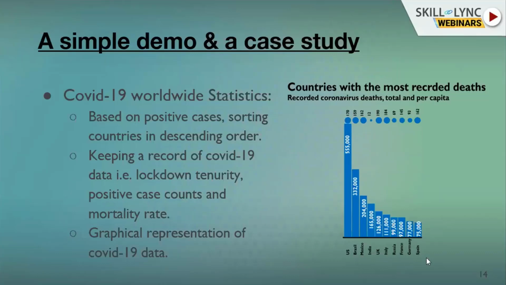In this current pandemic situation, everyone is using this Salesforce analytics to make their data visible all over the world, keeping the record of the COVID-19 data, the lockdown, positive case counts, the mortality rate, and the graphical representation of every data.